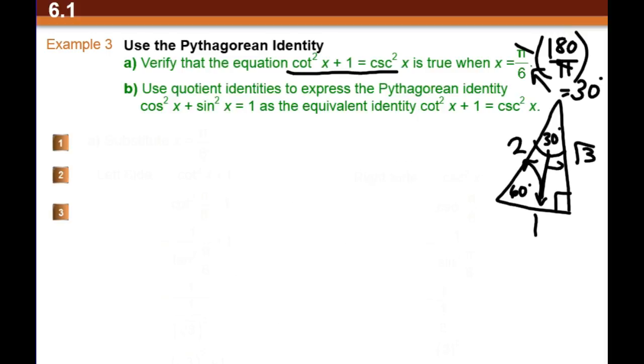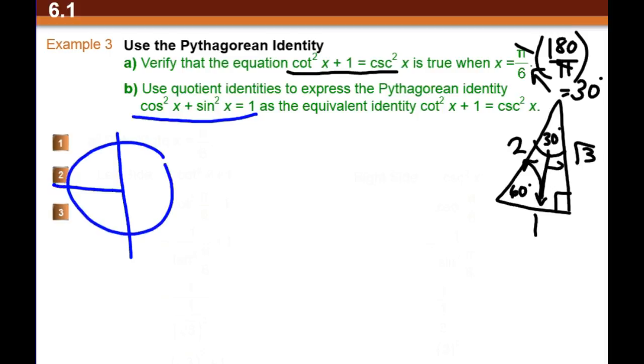So for part B, it says use quotient identities to express the Pythagorean identity. This is the Pythagorean identity that we wrote on our sheet yesterday, and I just wanted to show you where it comes from. If we were talking about our unit circle, and remember how I always said it's called a unit circle because the radius is always 1 unit out.